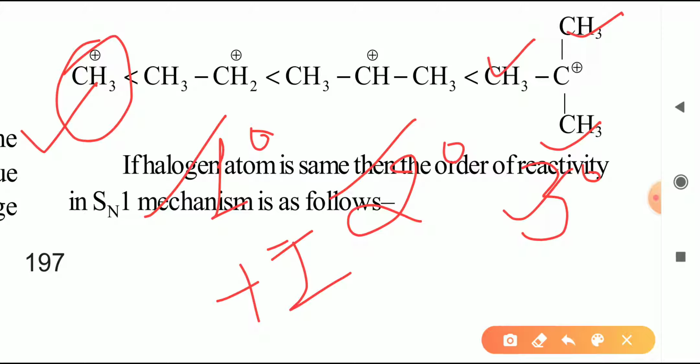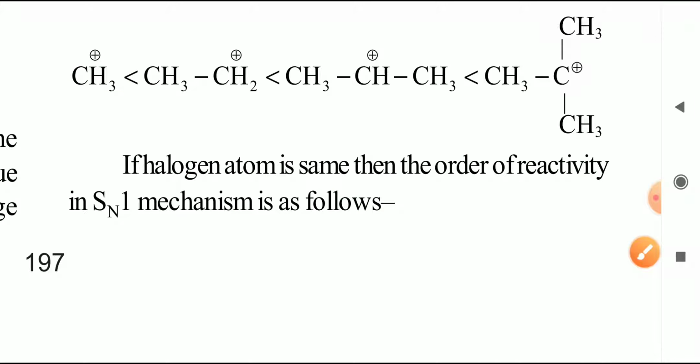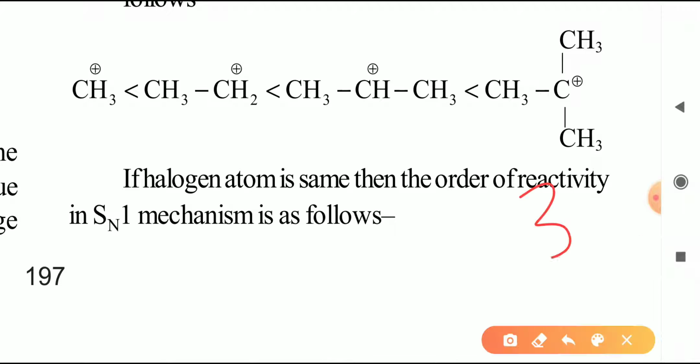Important point. That means these 3 CH3 groups donate electrons to C plus and stabilize it. So among these four, the most stable carbocation is the 3 degree carbocation due to the plus I effect.